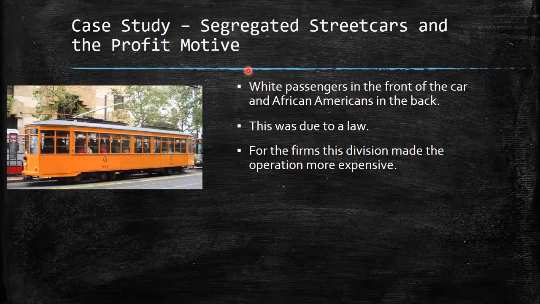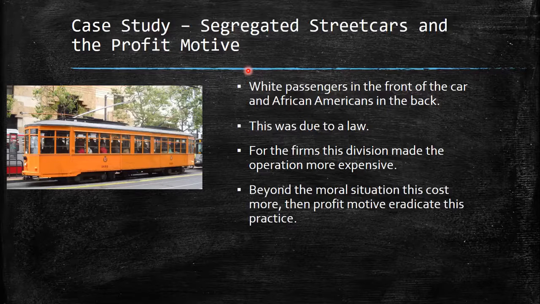So beyond the problem, obviously, of segregation, even for the economic part, it was really more expensive. So the profit motive can eradicate that and make everyone equal, because they could lower the cost and offer a better price to the people.